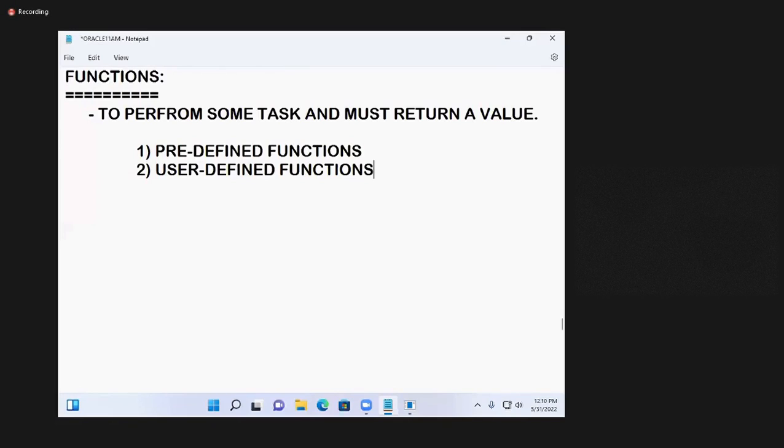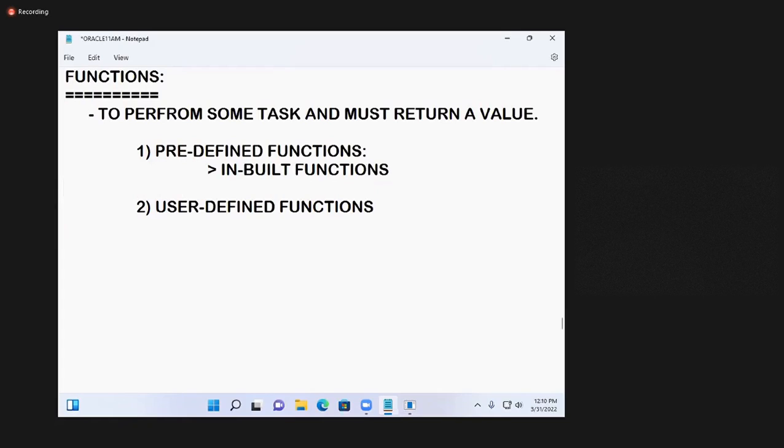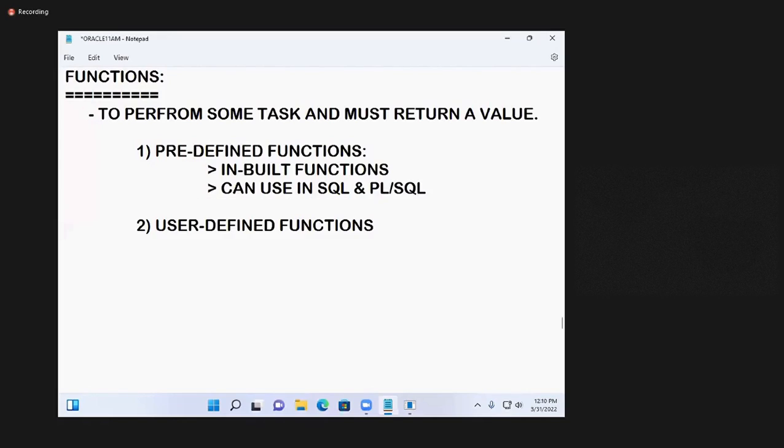Okay, right. So see this. My predefined functions, we also call them inbuilt functions. And these functions I can use in both languages, SQL and also PL/SQL.